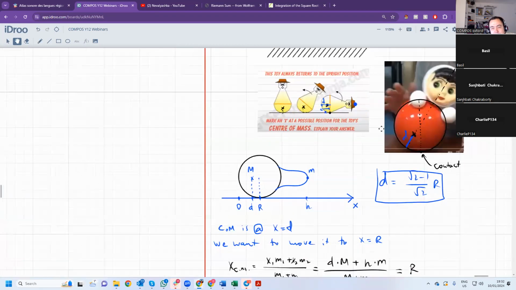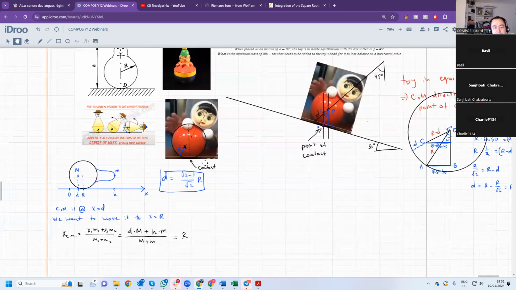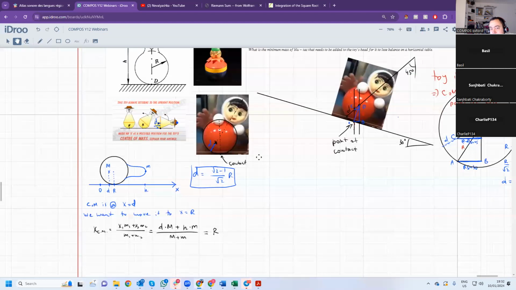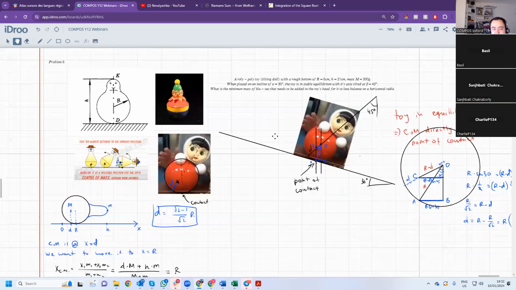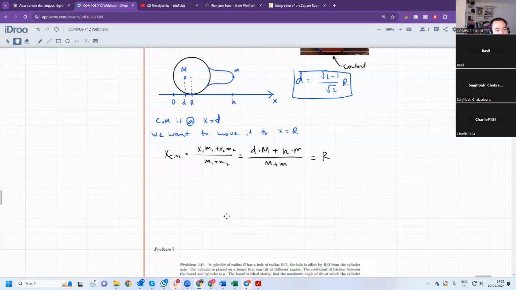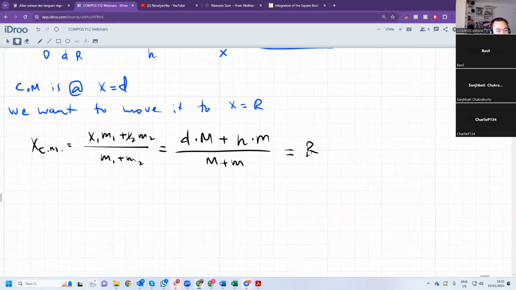And of course, if you add blue tack somewhere else, you would need more of it. So you don't even have to say toy's head. But anyways, and this has to equal R.